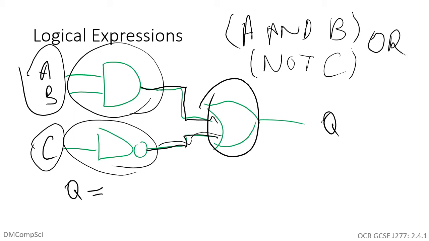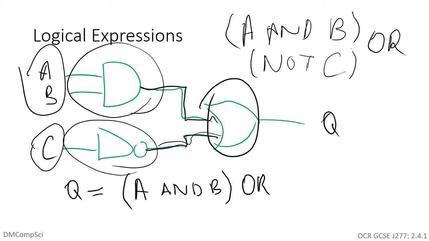So the way we're going to write this is A and B. We're going to put this in brackets because we're going to put the OR here, and it just means we're not seeing this, although with the laws of Boolean algebra, which is a topic you will get onto in the A level if you decide to take it, AND comes before OR, it's kind of like BIDMAS in maths.